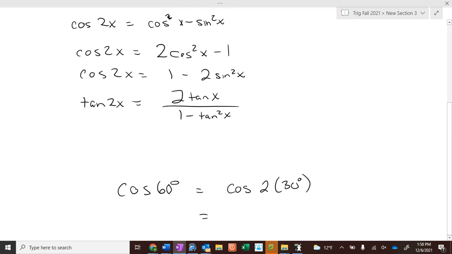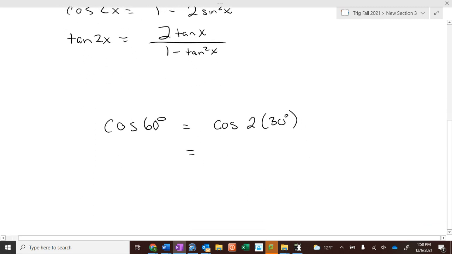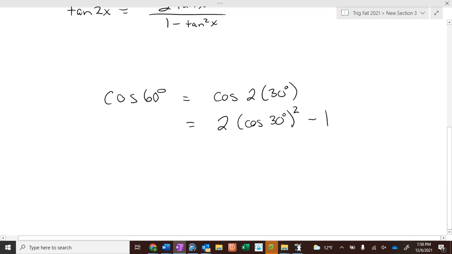All right. Then you look at your formulas and you say, which one do I want to use? Generally, I like to use this one best. Usually I like the second one best on that list. So I'll go, the cosine of 2 times 30 degrees is 2 times the cosine of 30 degrees squared minus 1. Because 2 cosine squared of x minus 1 means you take the cosine and you square it. Well, what's the cosine of 30 degrees?